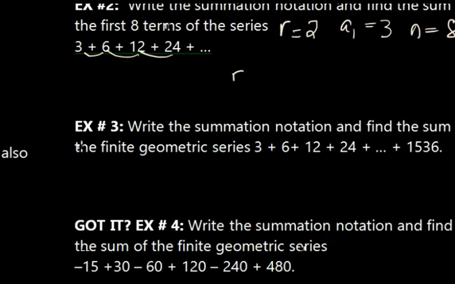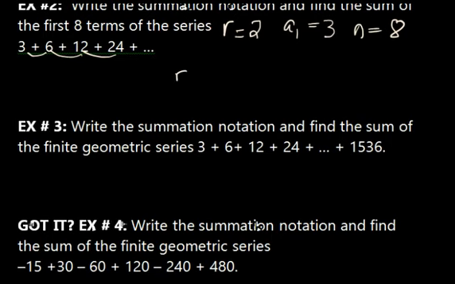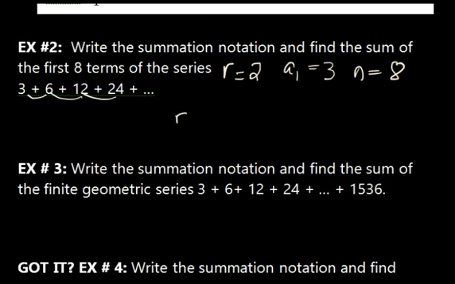And so our rule is defined by a sub n equals 3 times r to the n minus 1. Now using sigma notation, the first thing that you want to start off with is the actual sigma symbol, and this goes from i equals 1 all the way up to 8.